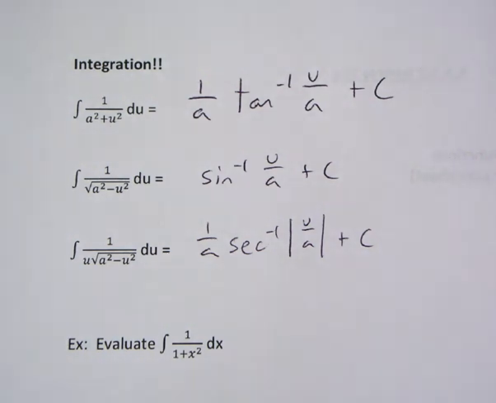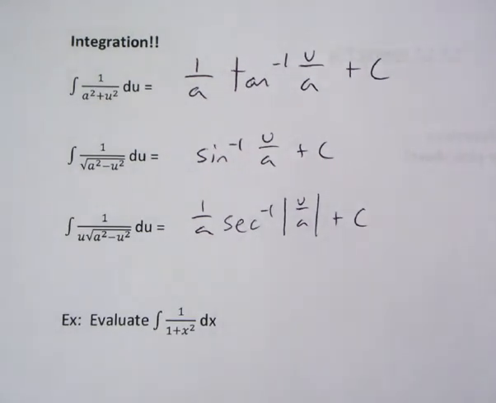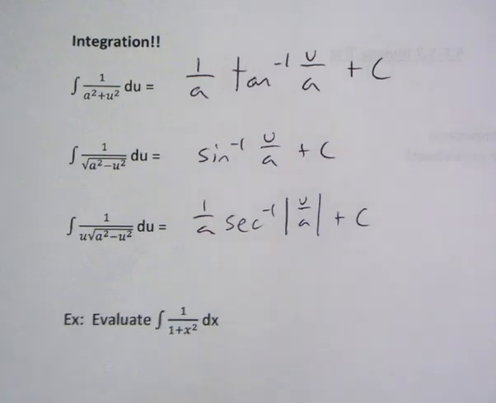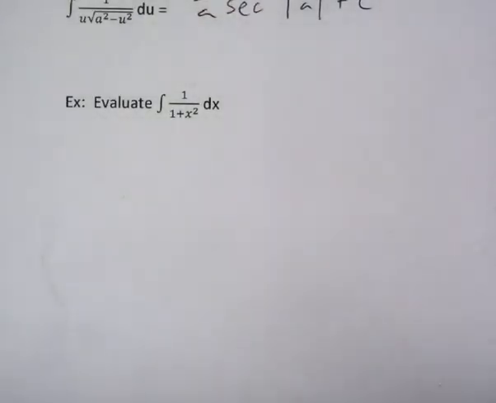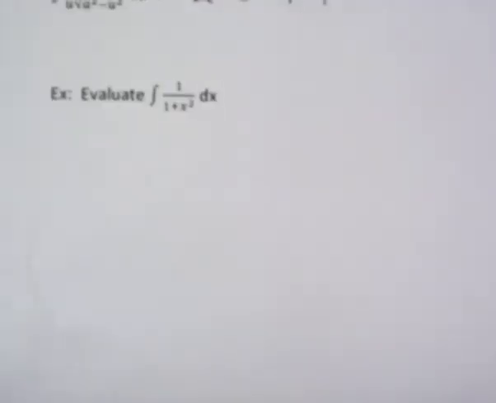Okay, probably what you're most likely to see, because I've seen this one show up a few times over the past several years, is this right here, the integration of 1 over 1 plus x squared. We learned some integration strategies. I'm going to write some stuff over here.